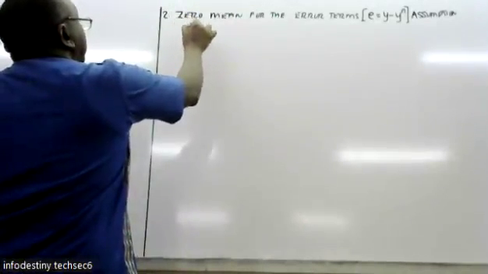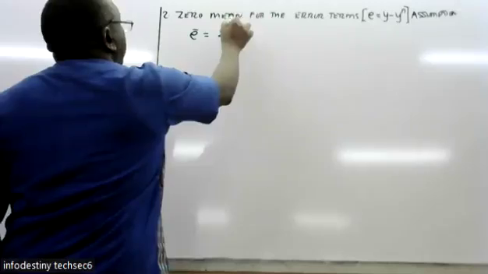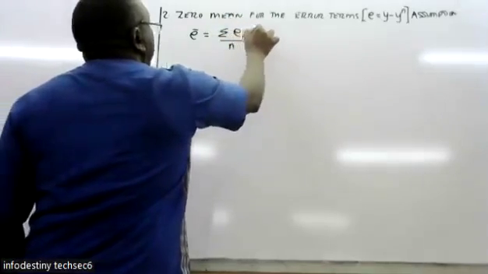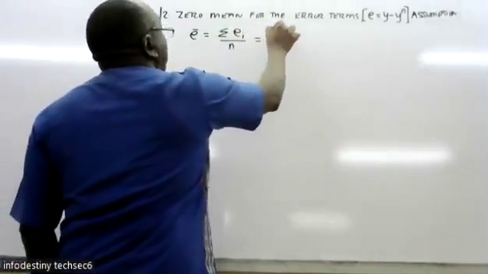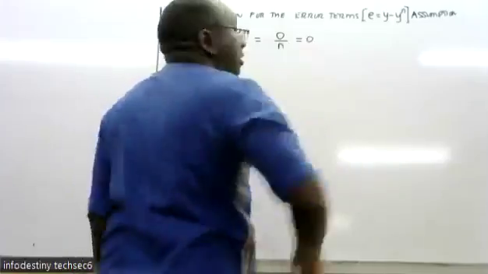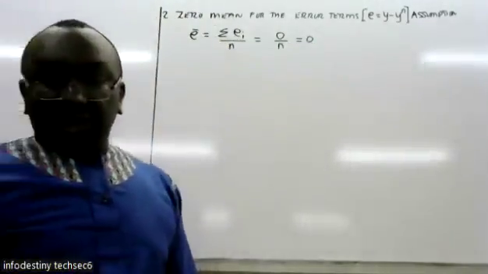That is, E bar is equal to the sum of the Ei's divided by n, and this is 0. You divide by n, and you get 0.